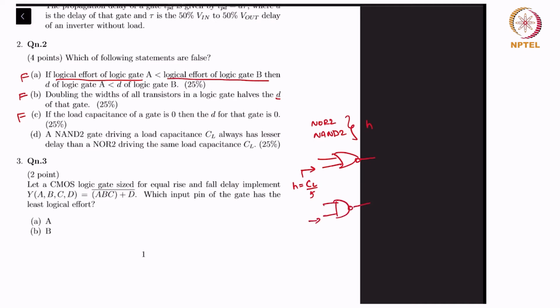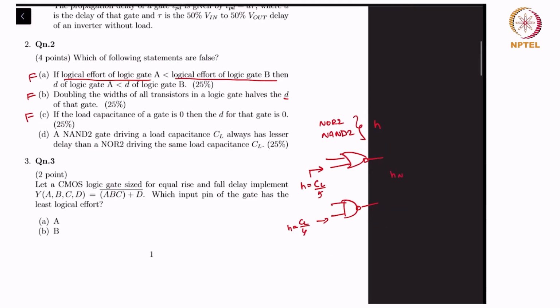And similarly for a NAND 2 gate, it actually has 2 and 2 on the PMOS and the NMOS, right? This is what the NAND 2 gate has, so it will become CL by 4, right? So actually H of NOR 2 is less than H of NAND 2.